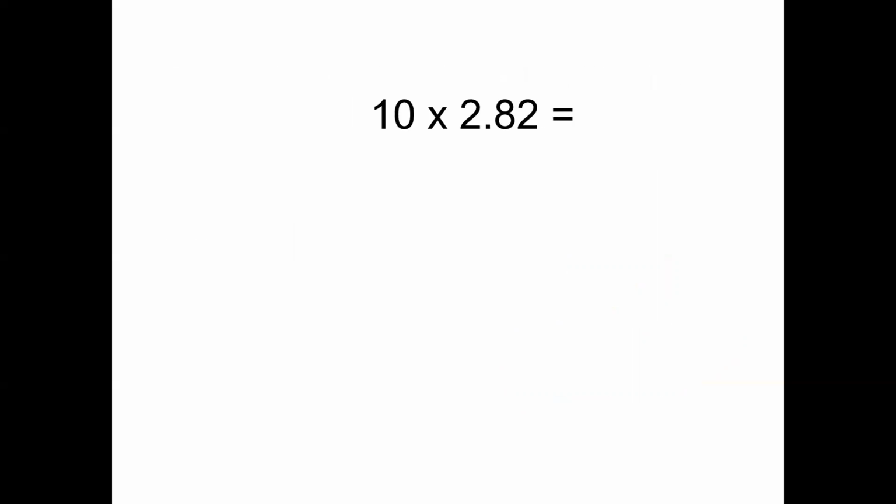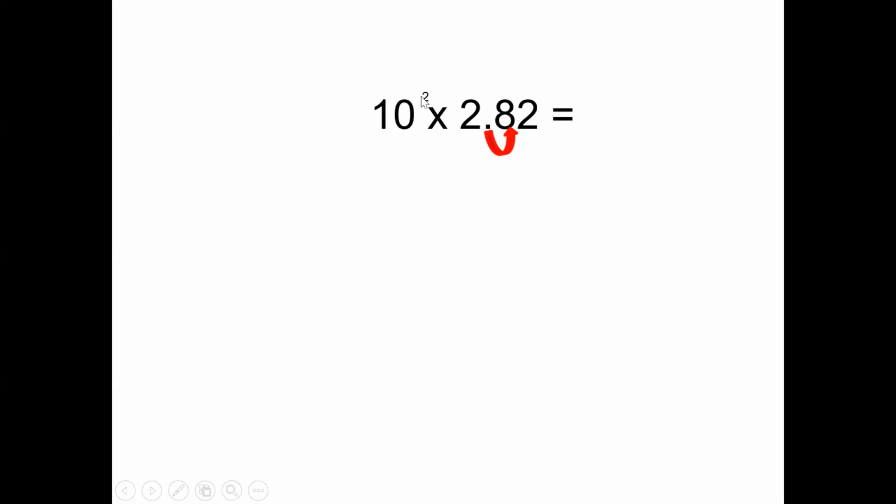So now let's look at this problem here. We have 10 to the power of 2 times 2 and 82 hundredths. That's how I would say it, 2 and 82 hundredths, because my 2 would be in the hundreds place. So I say 82 hundredths. I got 2 wholes, 2 whole ones, and 82 hundredths.